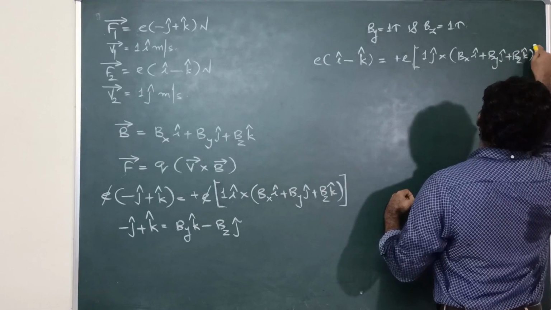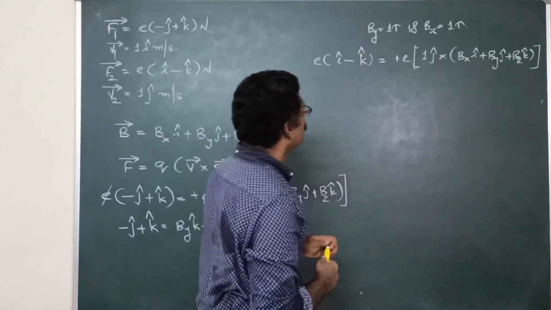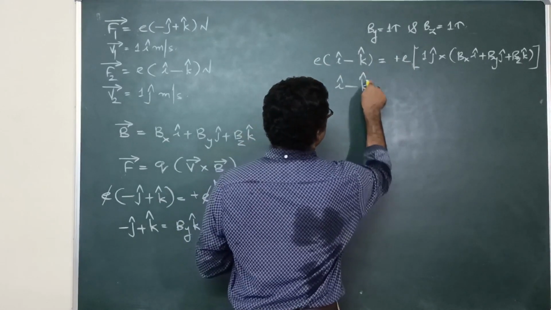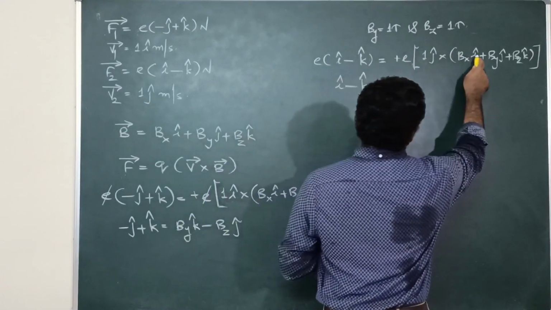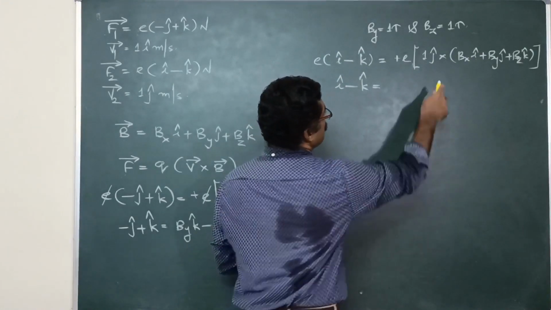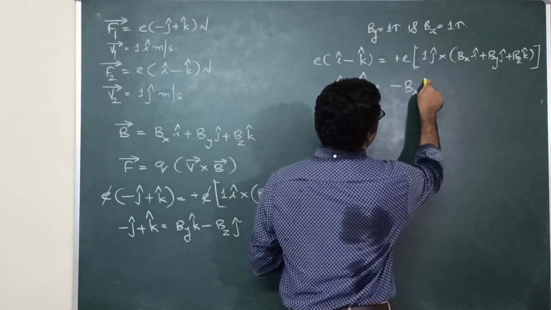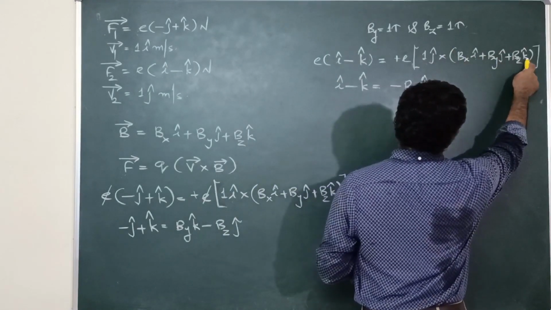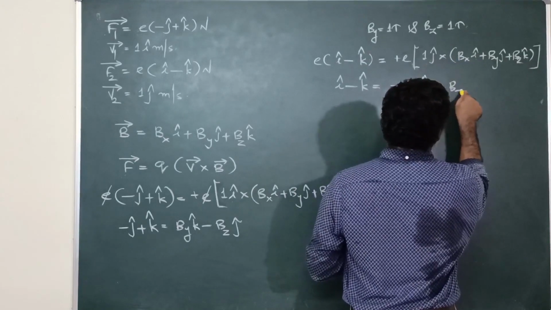So E cancelled. So i cap minus k cap is equal to j cross i, which is minus k, so it is minus Bx into k cap. j cross j is 0, j cross k is i, so it is Bz i cap.